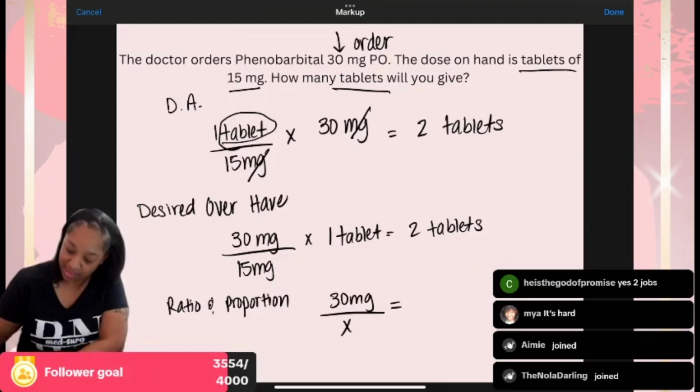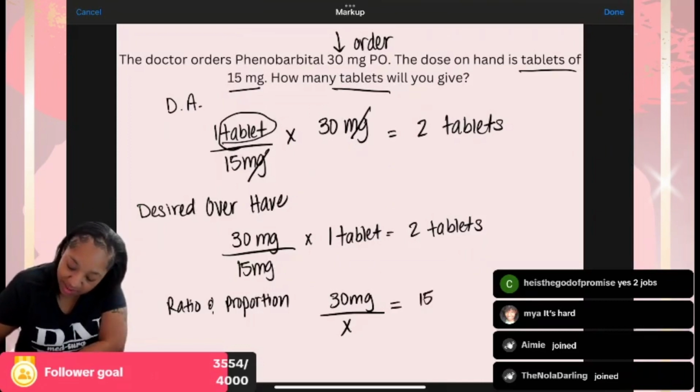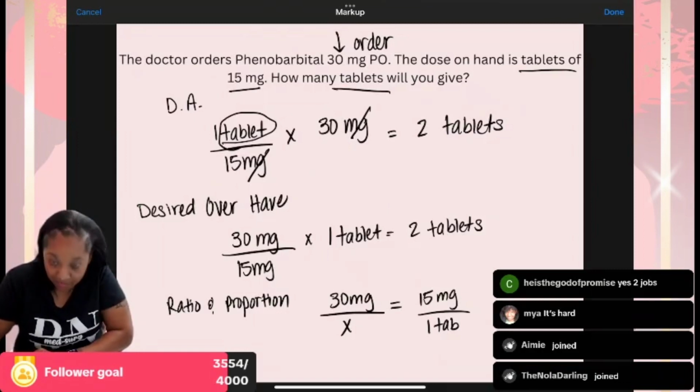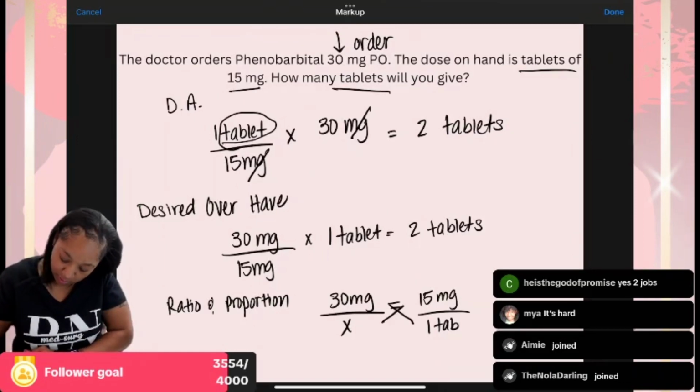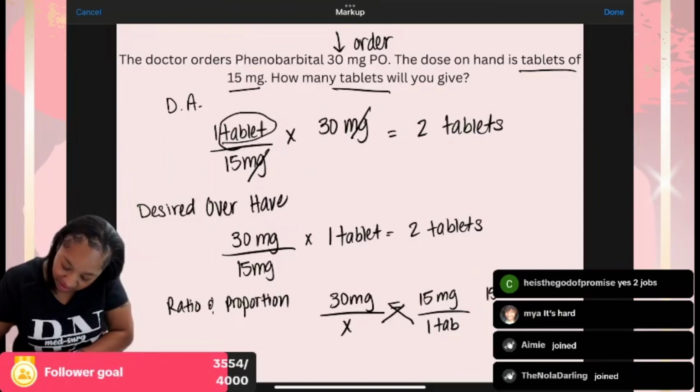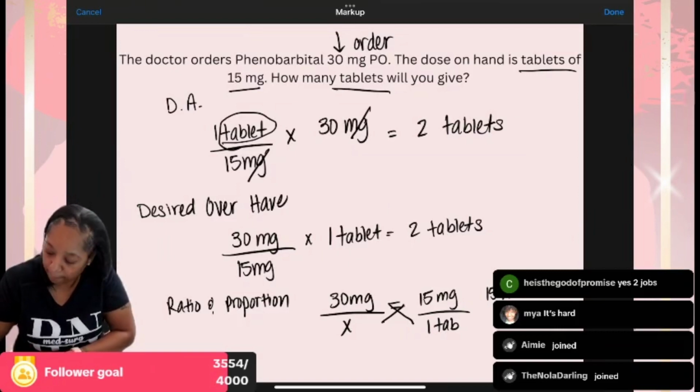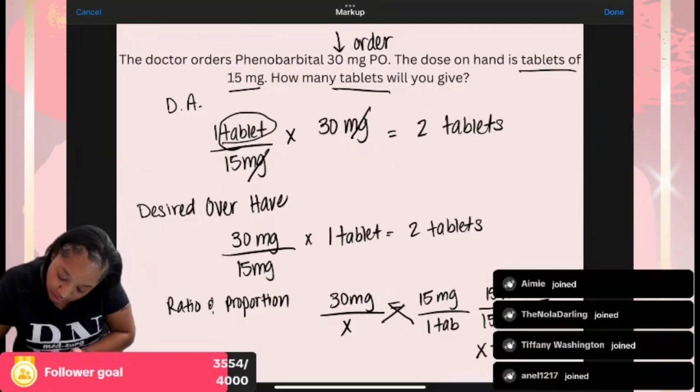That's X. Then we have 15 milligrams in one tablet. So that means we need to cross multiply and divide. So that way and that way. 15x, and then 30 times 1 is going to be 30. Divide by 15 on both sides so that you can isolate x. And you'll get 2.